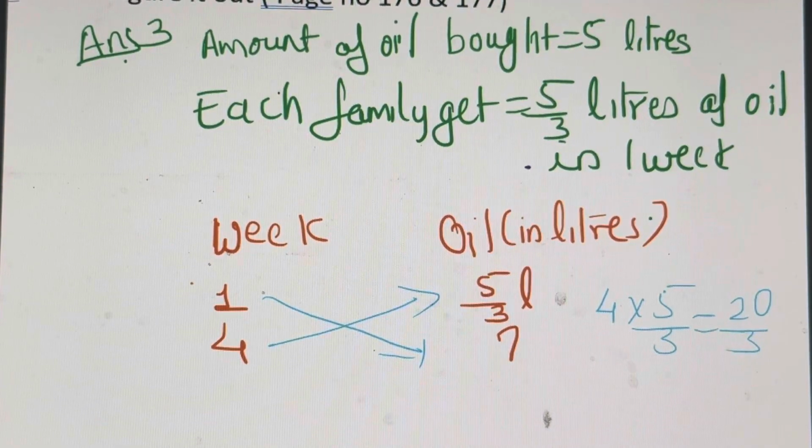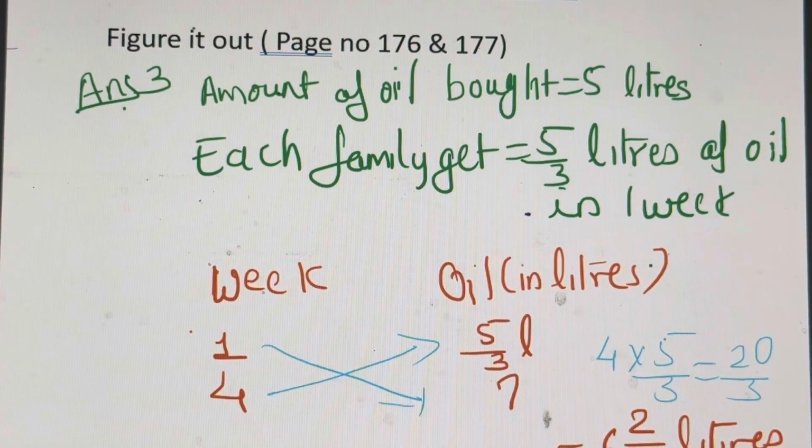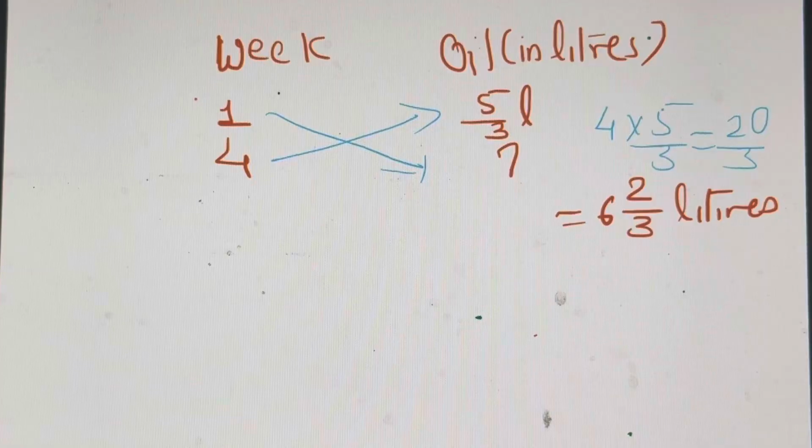Right, so always whenever you get an answer in improper fraction, convert it into mixed. So 3 6s are 18 and 20 minus 18 is 2. So 6 whole 2 upon 3 liters. This much amount each family will get in 4 weeks, right? So you can write down the answer statement here.